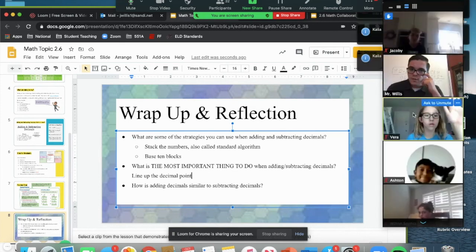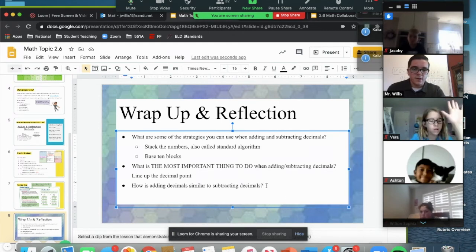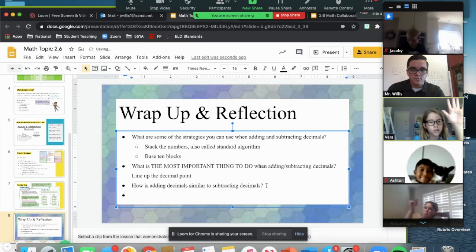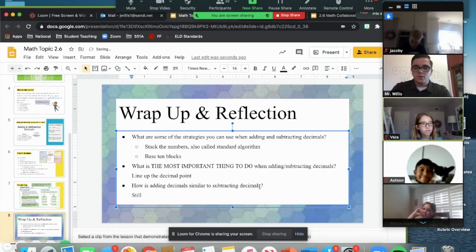It's the same thing. You're just reversing the strategy. Okay. That's one way to look at it. Vera, what's your thinking? You need to line up the numbers still. Yep. Whether you're adding or subtracting, still line up the decimals.